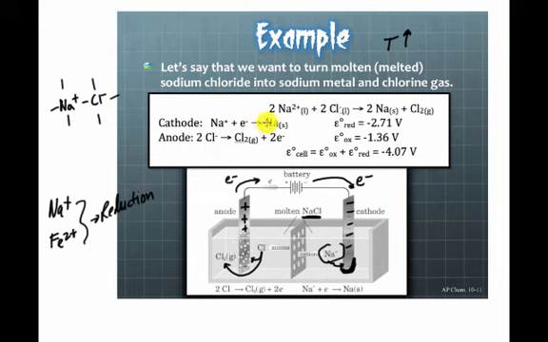Now if we take sodium and chlorine, these two elements, they're going to quickly, spontaneously convert back in this direction. This reaction is heavily favoring this side of the reaction, not the formation of sodium solid and chlorine gas. If we put these two substances together, they quickly convert back into sodium chloride. So that's why I want to keep these separate from each other so they don't come in contact again.